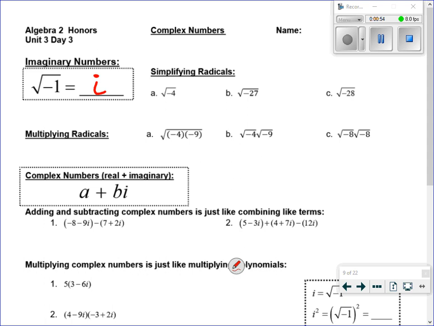If I was to simplify it, that's simplifying the square root of 4 and simplifying the square root of -1. So what would just the square root of 4 be? 2. And what do I now know the square root of -1 is? i. So this is equivalent to 2i.